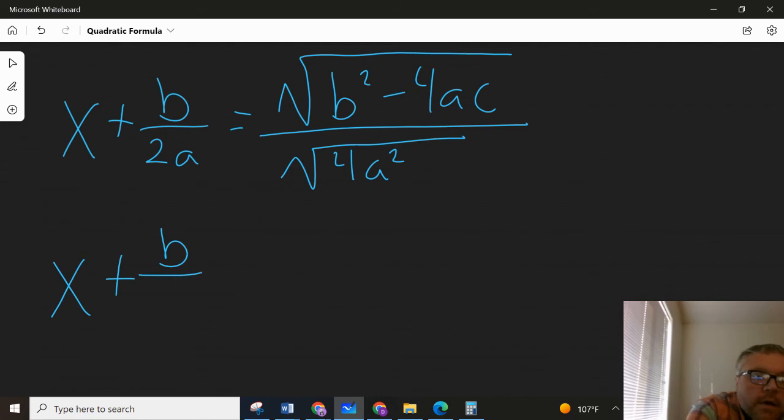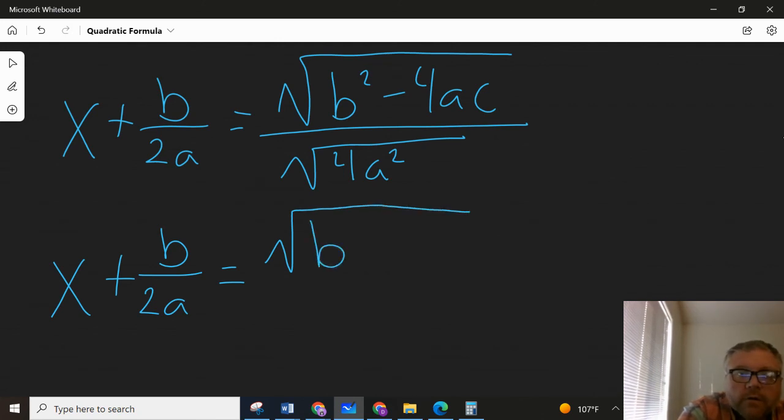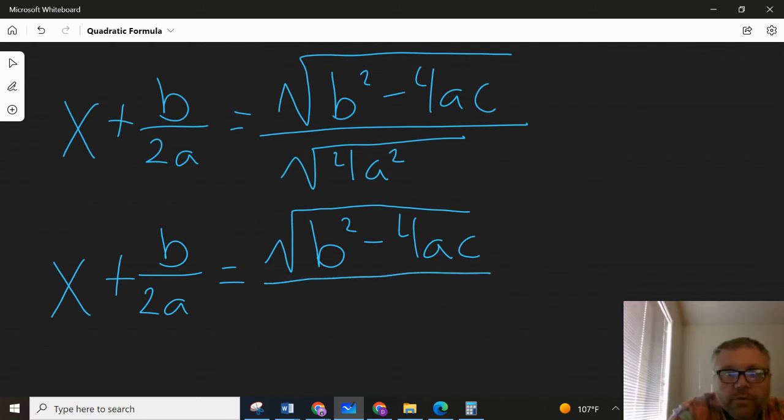X plus b over 2a equals. Our numerator is going to stay the same for now, the radical. And on the bottom, we've taken the square root of 4 to get 2, and the square root of a squared to get a. Okay, so we're almost done.